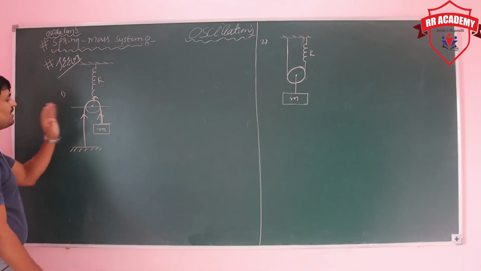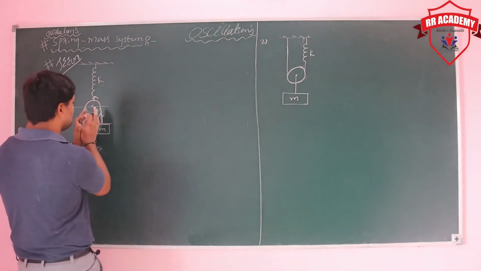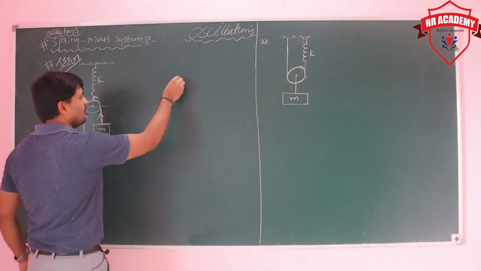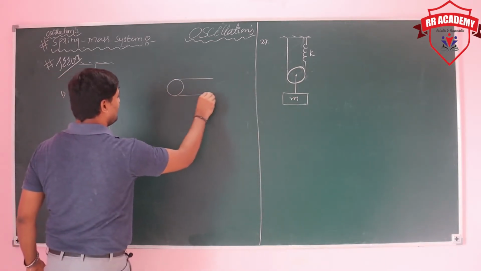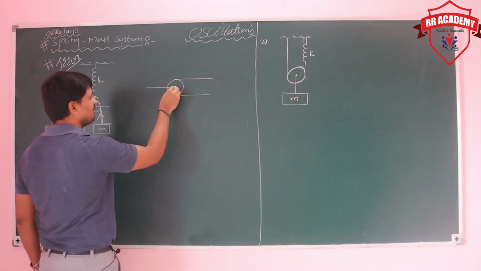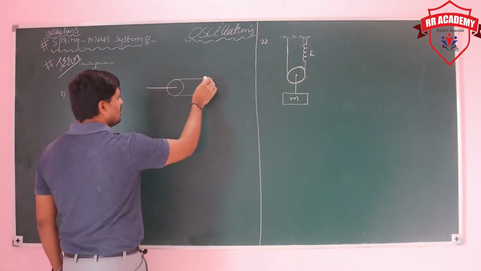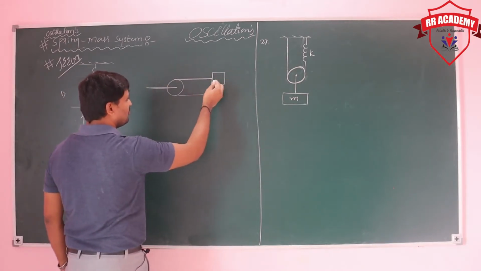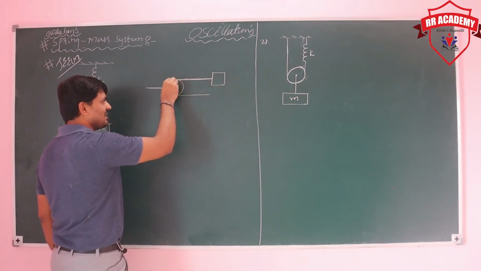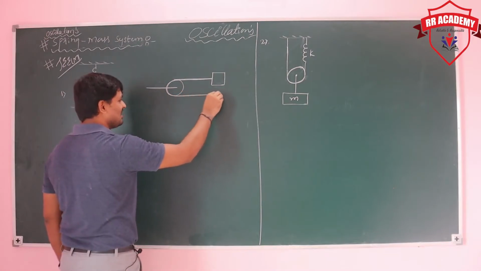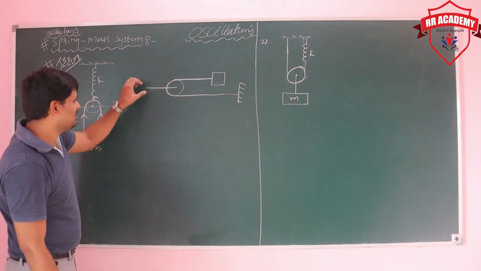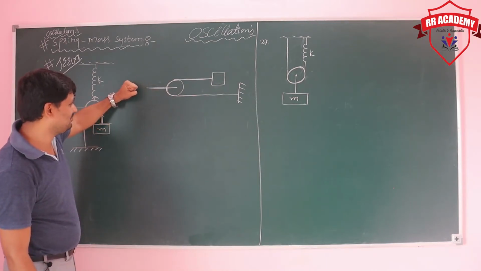See here. Here we are connecting to a pulley. For example, here I have a pulley and here something else, and here I have attached the mass M. If it is getting extended, this also gets extended, right? Generally you are just pulling it.